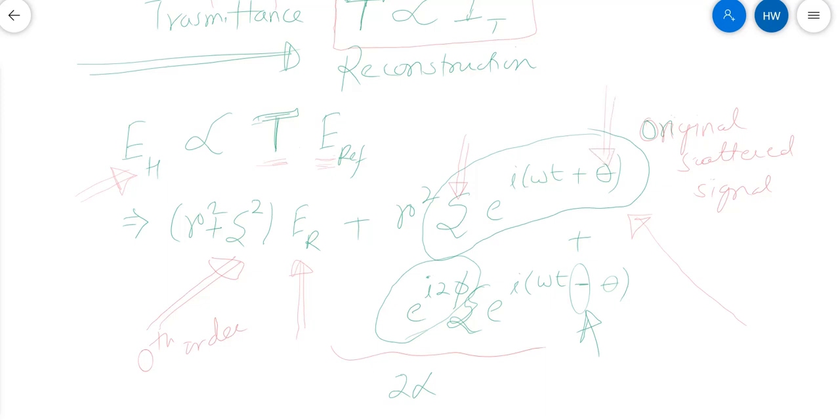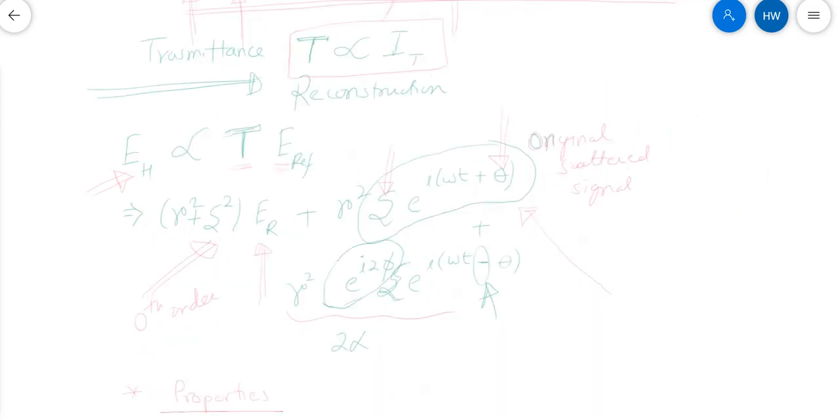So there is no other space-time dependence in this part. What you get is the signal which was emitted by the original object, simply multiplied by an R square term, which is a uniform illumination. That's the only difference in terms of the original beam.